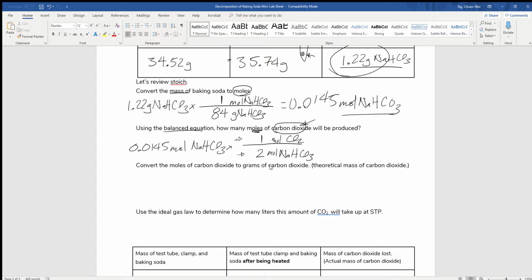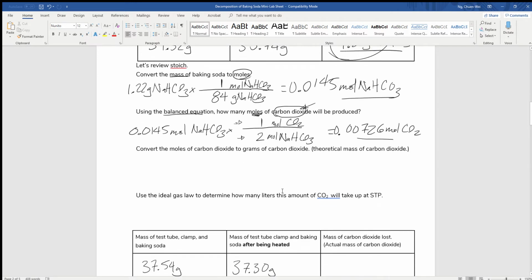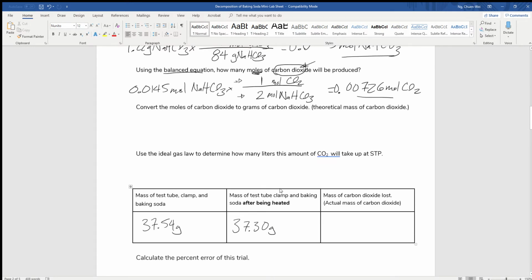Every now and then I get one of you multiplying by 2, but this thing is in the denominator, so you divide by 2. So now I have 0.00726 moles of CO2. We'll add a 0 in front so it looks nicer. So this is pretty good information. I could use this moles twice in these next 2 problems.